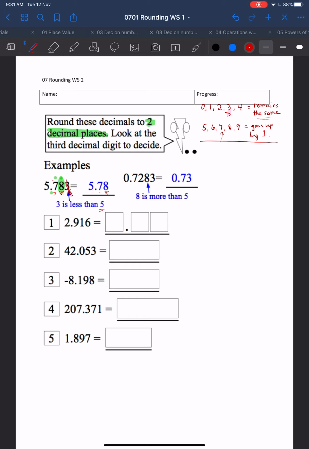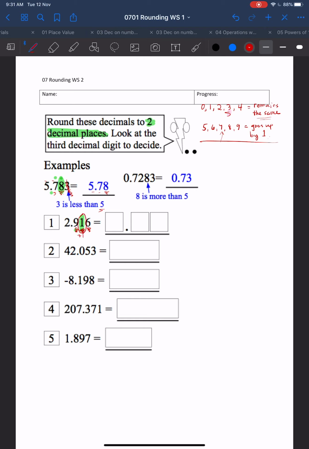2 decimal places. So let's count 2 decimal places. 1, 2. So we need to round to this digit. What is after it? It's 6. So which rule are we going to use? Of course, we're going to use this one because 6 is more than 5. So that means this digit will go up by 1.